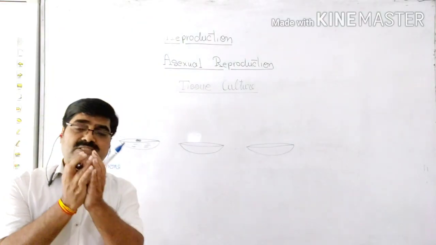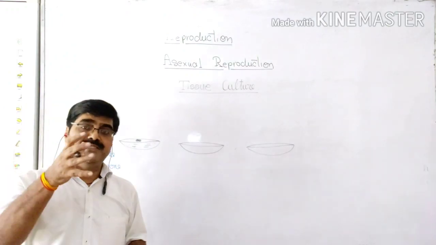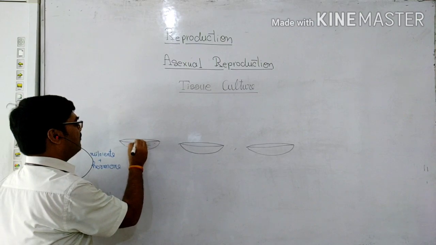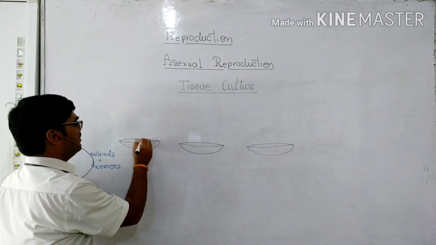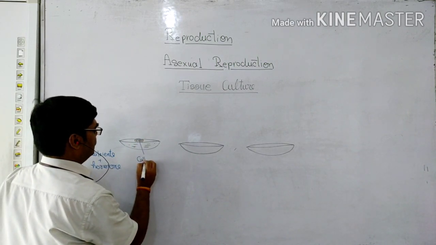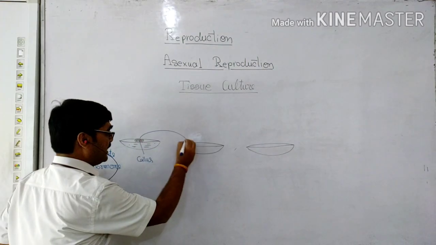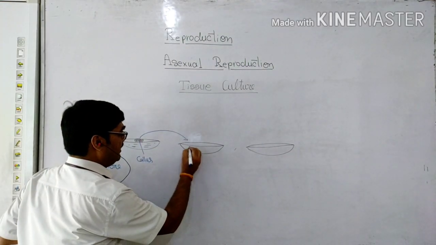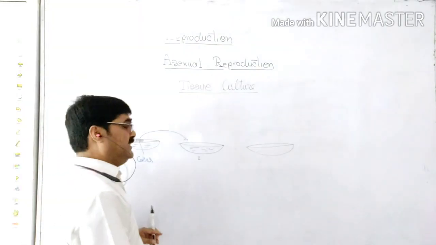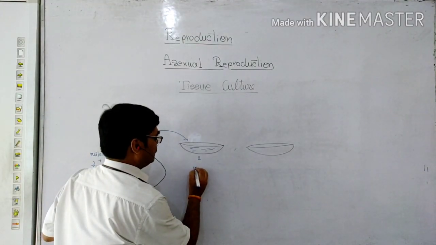Now, what happens? These tissues divide in this medium because these are the nutrients and hormones needed for cell division. So these tissues will divide to form a mass of tissue that is called callus. Now we transfer this callus to the second medium. This second medium has the nutrients and hormones needed for the growth of the roots.